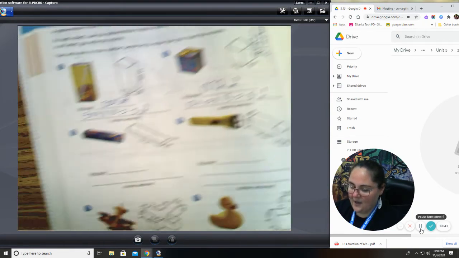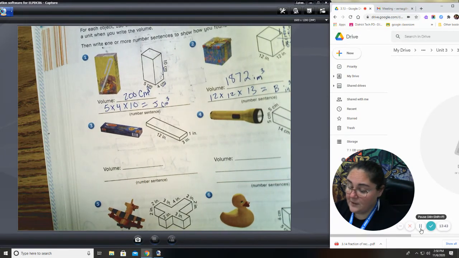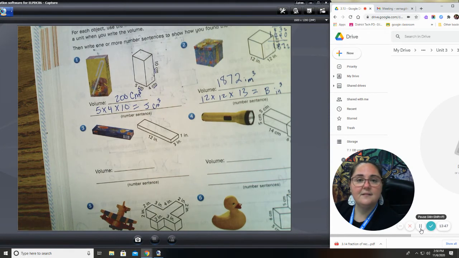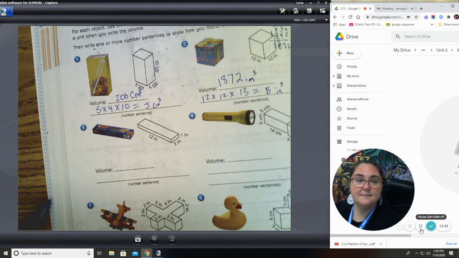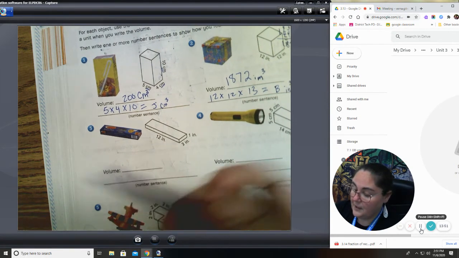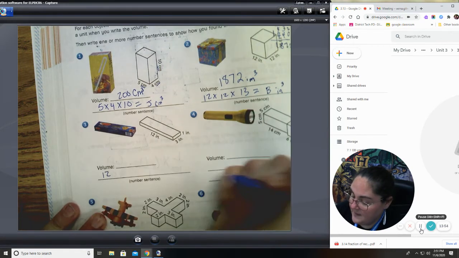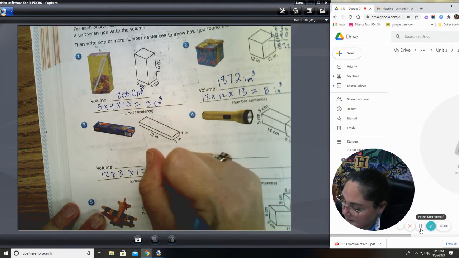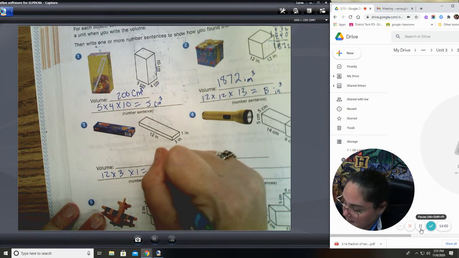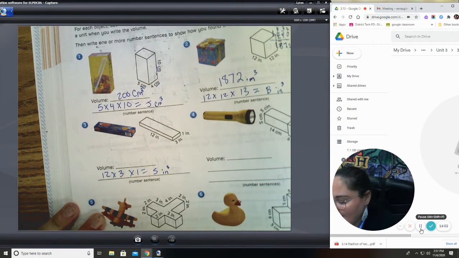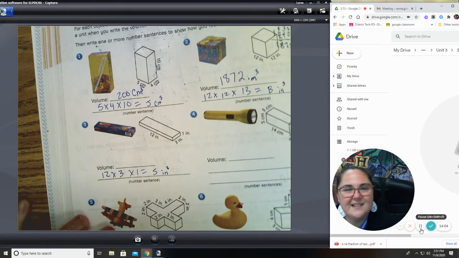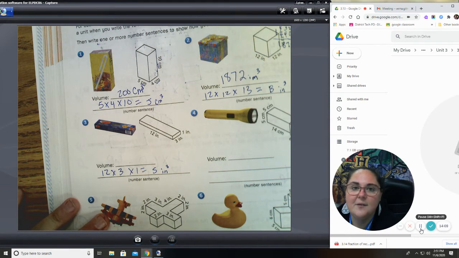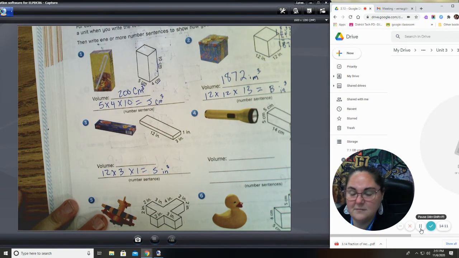Great. Now, number 3. For number 3, again, we have our length, width, and height. What is my number sentence? Your number sentence should be 12 times 3 times 1 equals S inches cubed. And I did S because it looks like it's a spaghetti box. That's the only reason why I did an S. It doesn't matter what letter you put, as long as it kind of matches the picture.